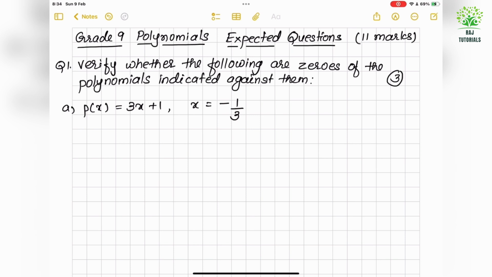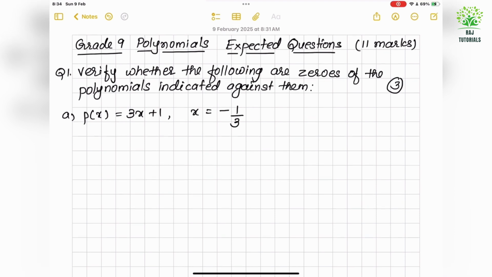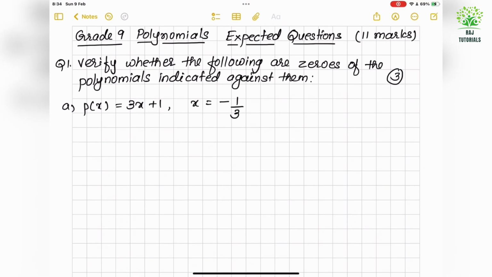It says verify whether the following are zeros of the polynomial indicated against them. The given one is p of x equals 3x plus 1 and x equal to minus 1 by 3. To solve this, we have to just put in place of x the value given. So p of minus 1 by 3 will be 3 into minus 1 by 3 plus 1.